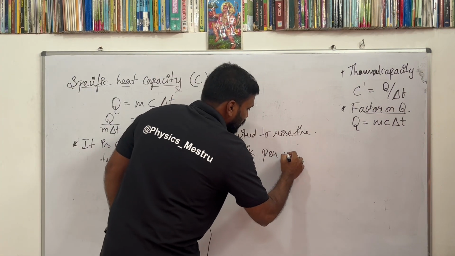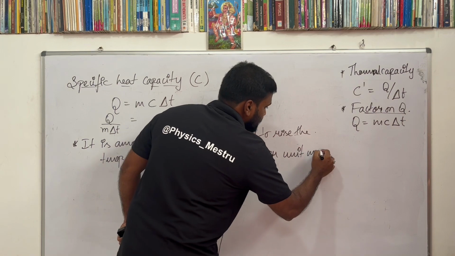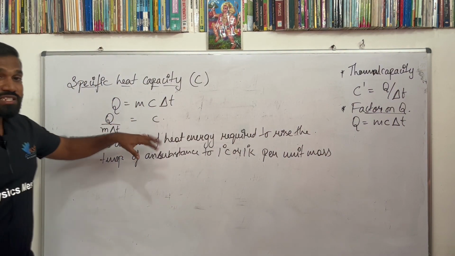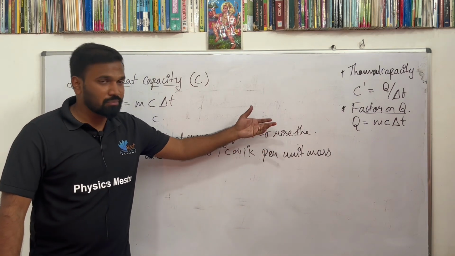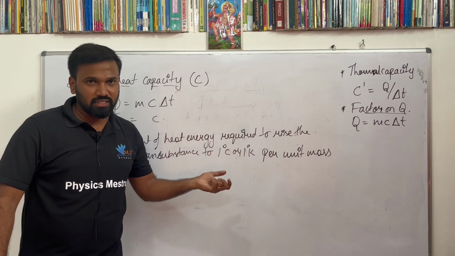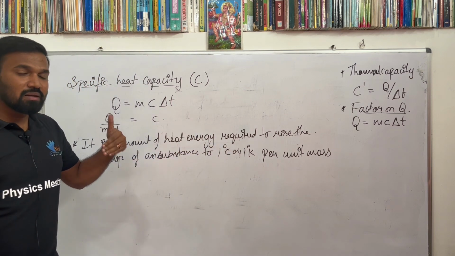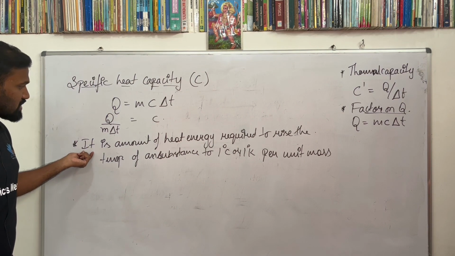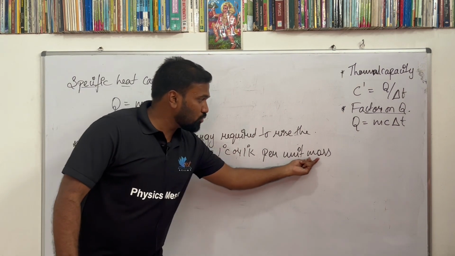Per unit mass. Here the mass may be different. In thermal capacity the mass is not particular, it does not depend on mass, it just depends on the substance. But specific heat capacity is very much dependent on substance and unit mass.